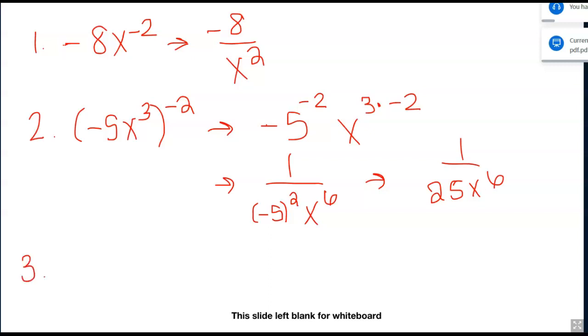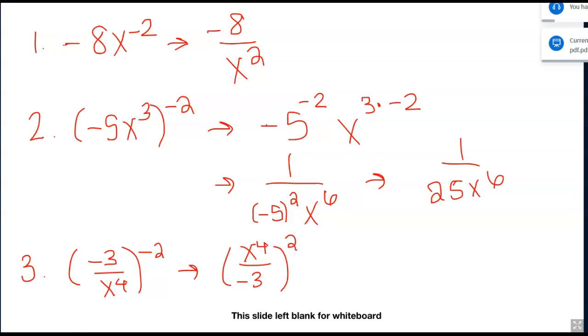Number 3, you have negative 3 over x to the 4th to the negative 2 power. So anything to a negative exponent distributes in or flips your inside fraction. So I could rewrite that as x to the 4th over negative 3 squared. So essentially what I did was distribute the negative in, which flipped my fraction.